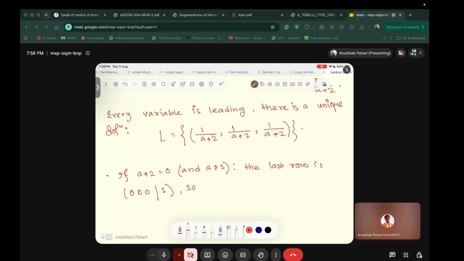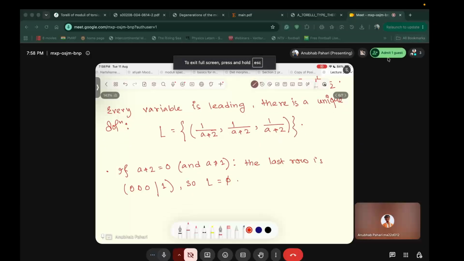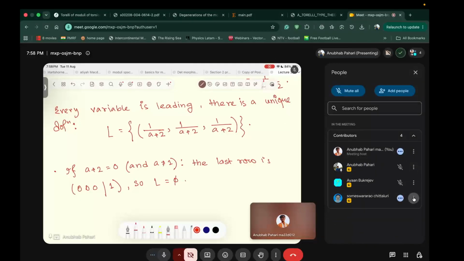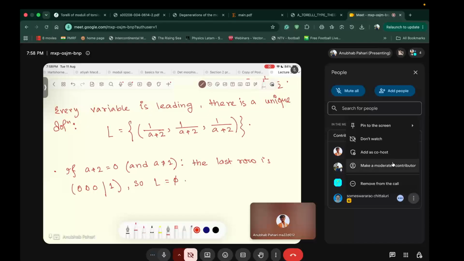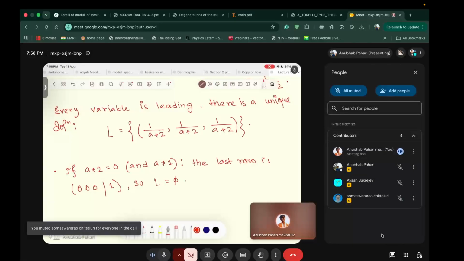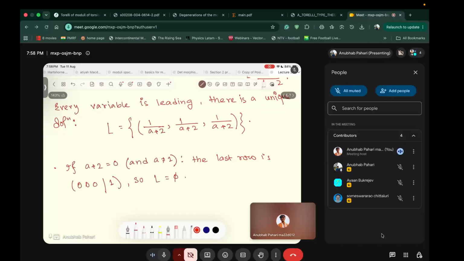So the solution set L equals the empty set, and therefore more or less we are done.